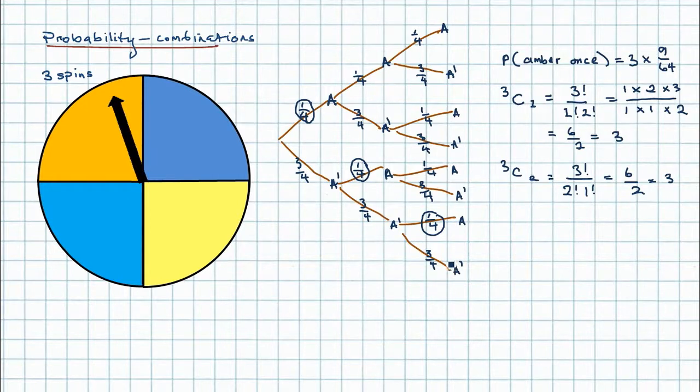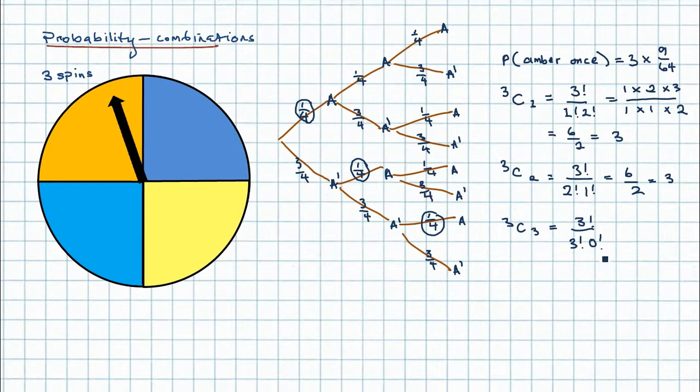Now finally, I want to think about, what if I went down this route here? So we got 3/4 times 3/4 times 3/4, which we could say is 3 choose 3. Well, again, we would have 3 factorial in the numerator.